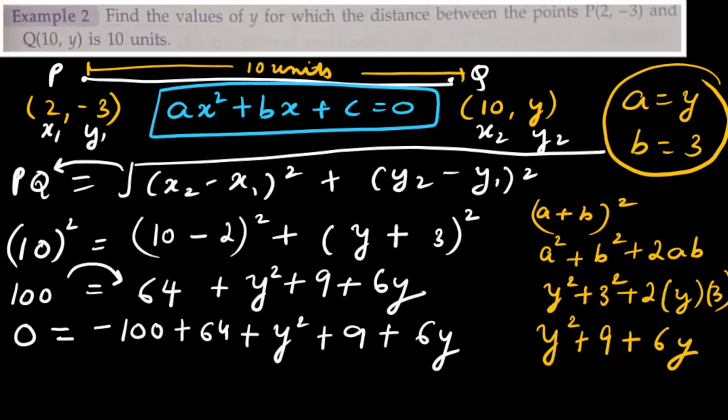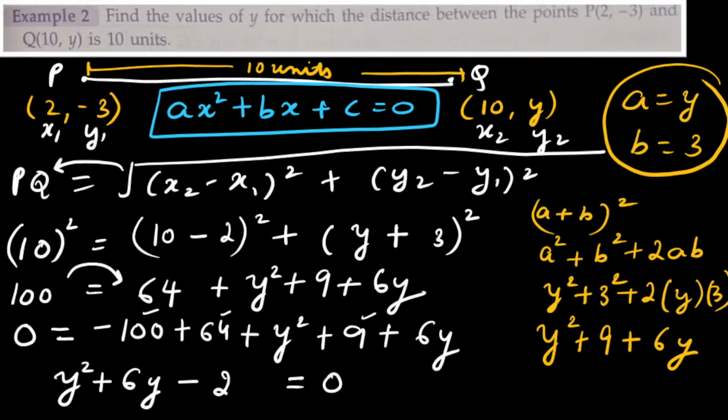Now we can simplify the like terms. Negative 100 plus 64 and plus 9 are like terms. Instead of writing the 0 on this side, I'll write 0 on the other side. Y square I can write as it is, there is no like term, and plus 6y also as it is. Y square plus 6y, and just simplify this and tell me: negative 27.